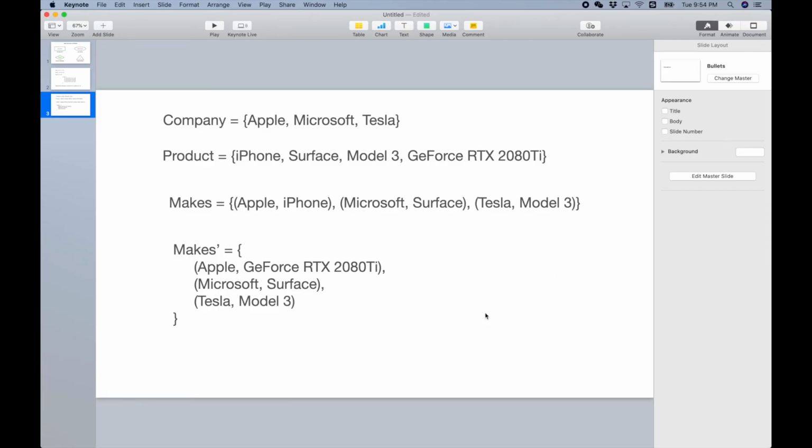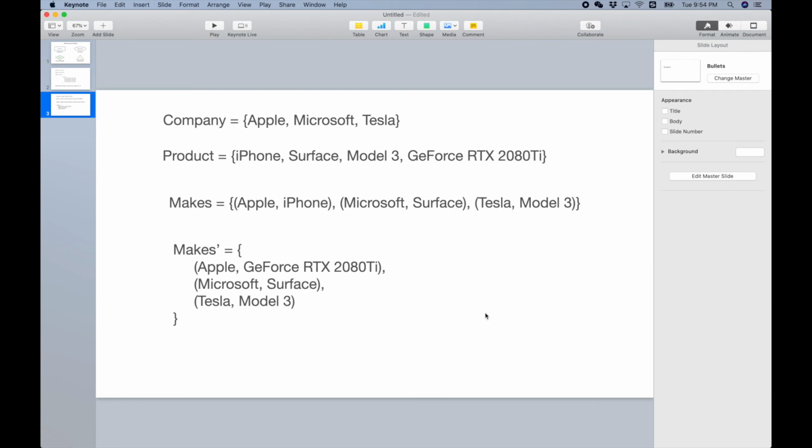Okay, so in this page, we show an example about this company, product, as well as the Makes relationship. Let's assume we have a company set. It covers Apple, Microsoft, and Tesla. As to the products, we have iPhone, Surface, Model 3, and GeForce RTX 2080 Ti. We know that Apple makes iPhone, Microsoft makes Surface, and Tesla makes Model 3, right?